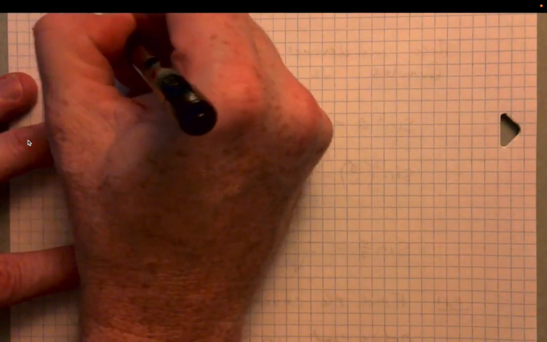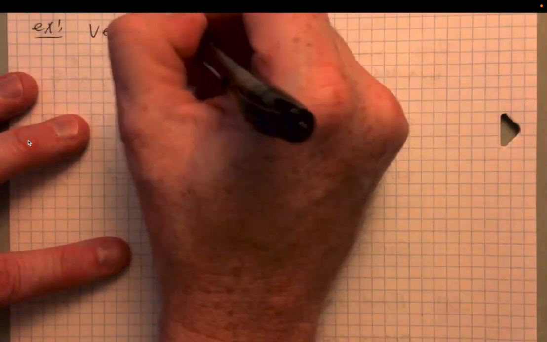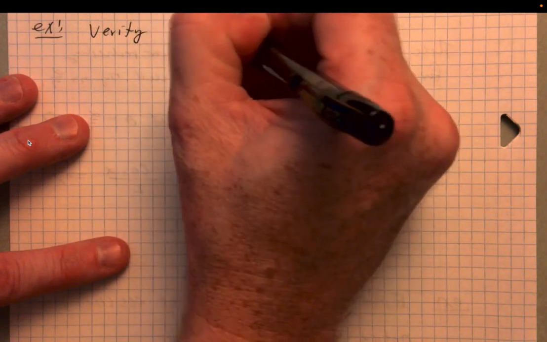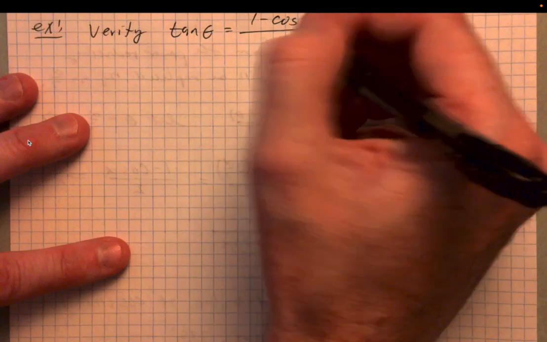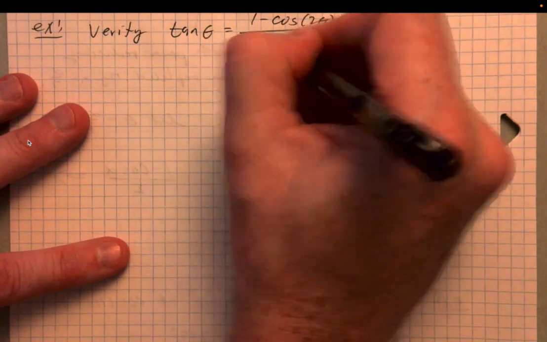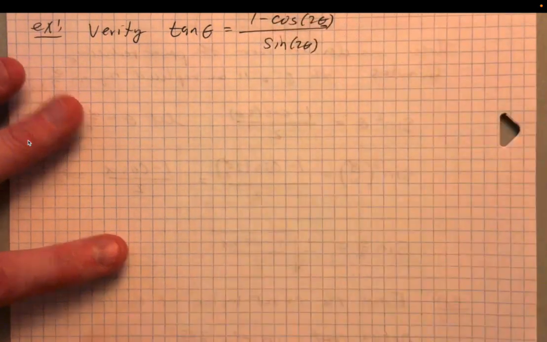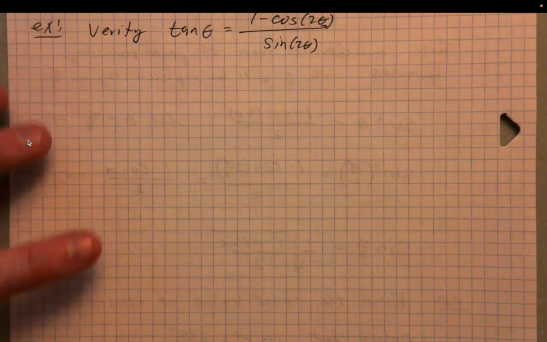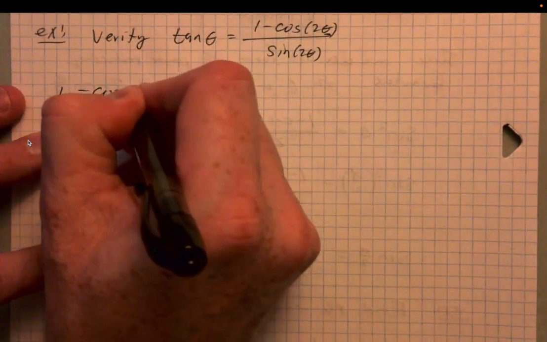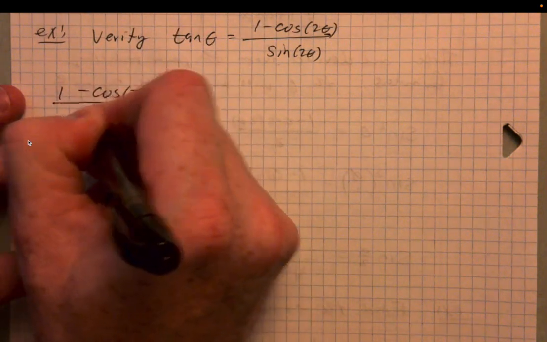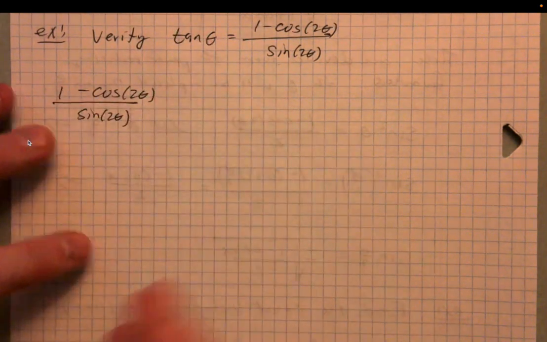Here we want to verify the tangent of theta is equal to 1 minus cos 2 theta over sine of 2 theta. Again, we're going to start on this side. So I have 1 minus cos 2 theta over sine of 2 theta.